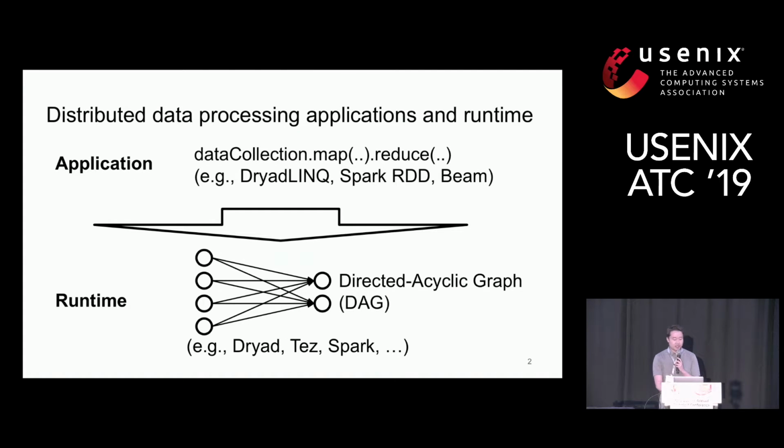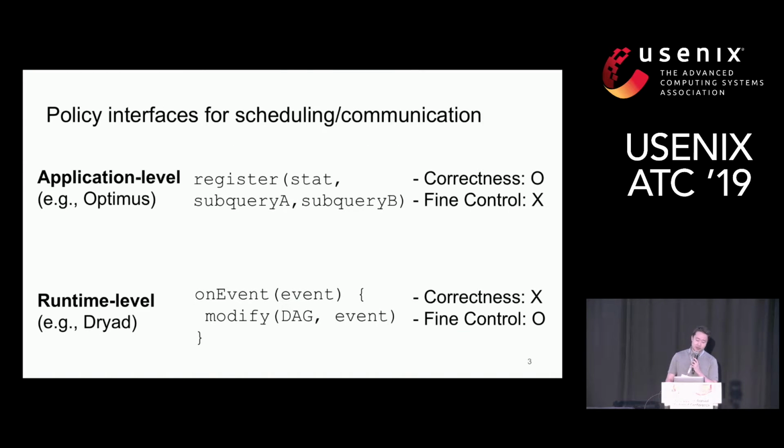Big data applications are typically expressed as high-level transformations of data collection objects, and these applications are compiled into a directed acyclic graph or a DAG to be executed by a distributed runtime. In this work, we're interested in optimizing the scheduling and communication strategies of this pipeline execution.